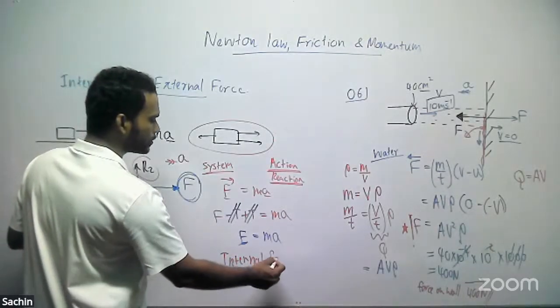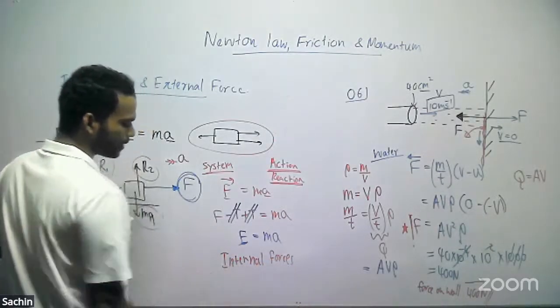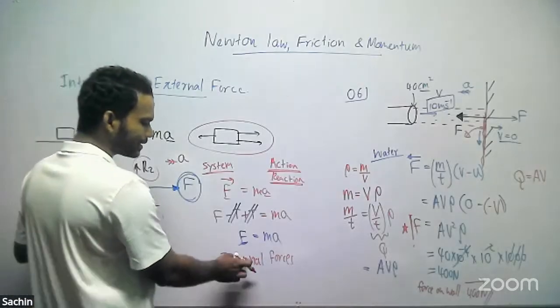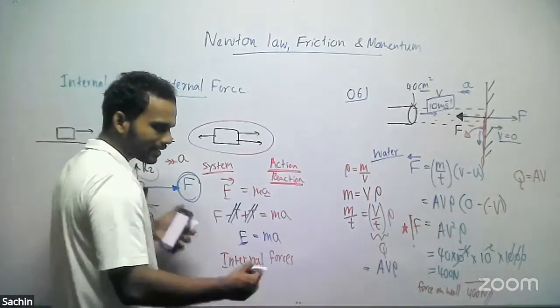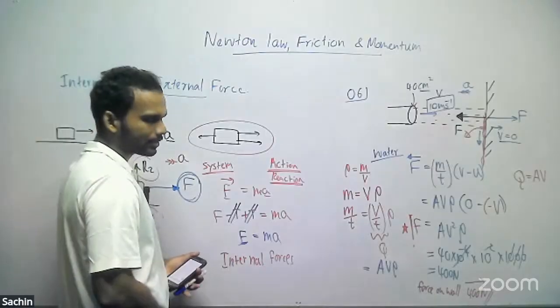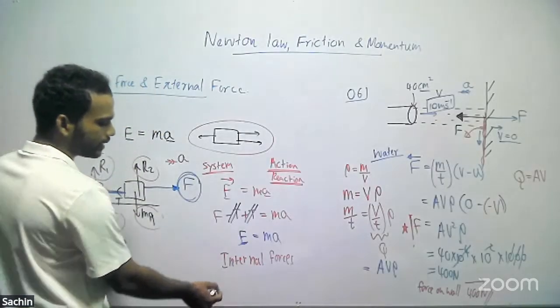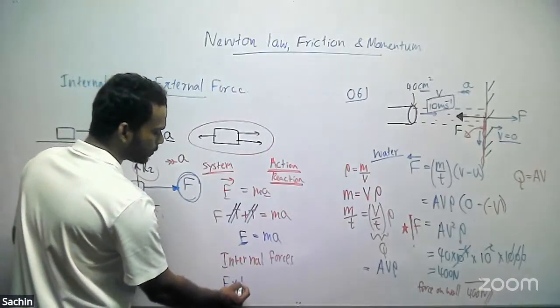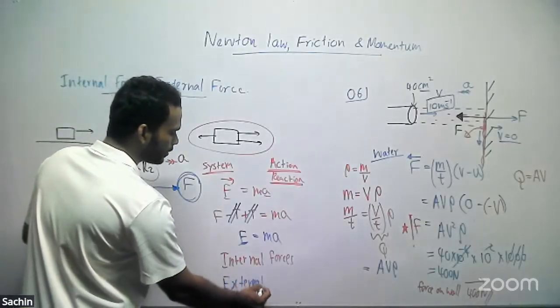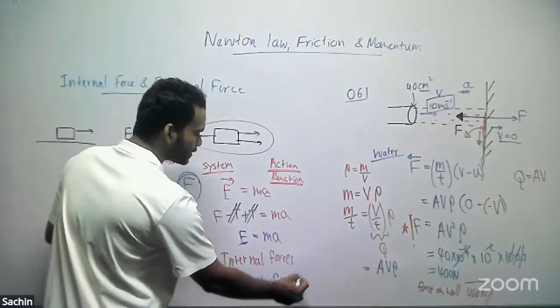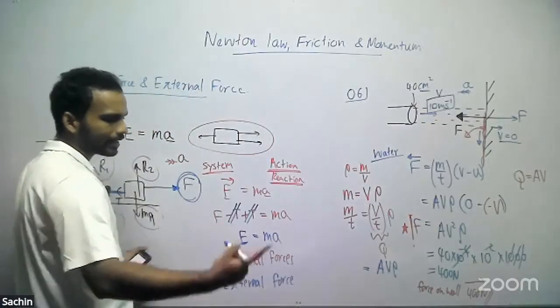So internal forces are happening when both the action and reaction stay inside the considered system. An external force is when only one of the action or reaction stays inside the system.